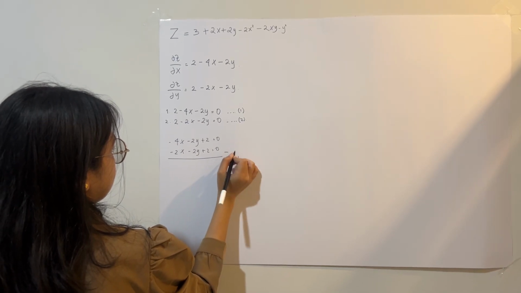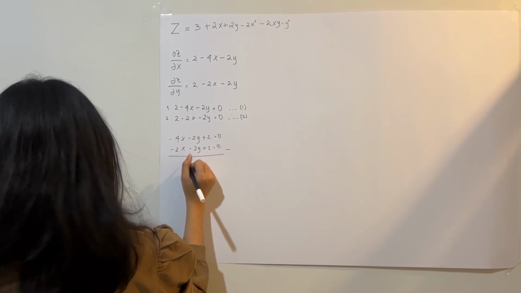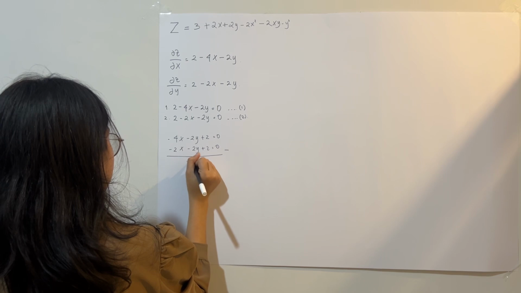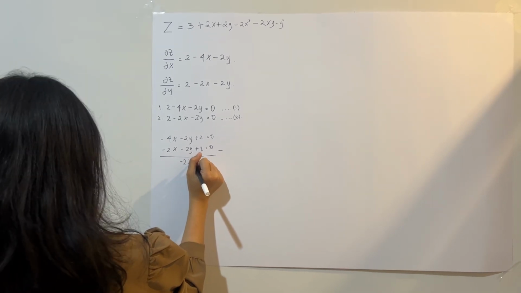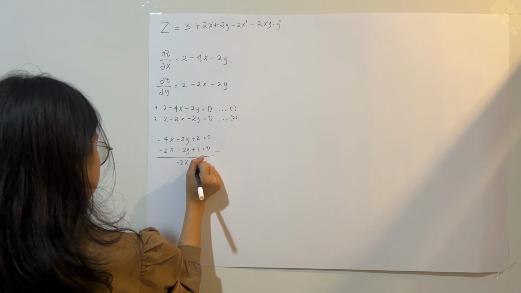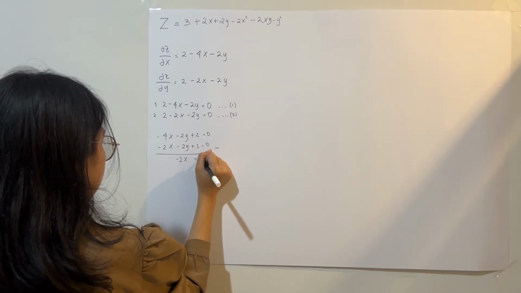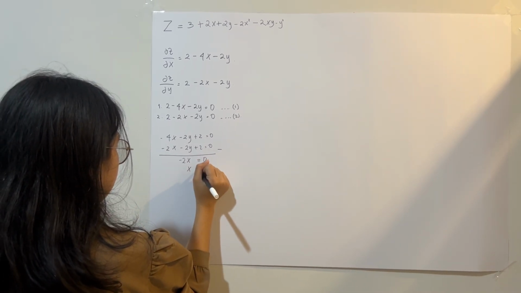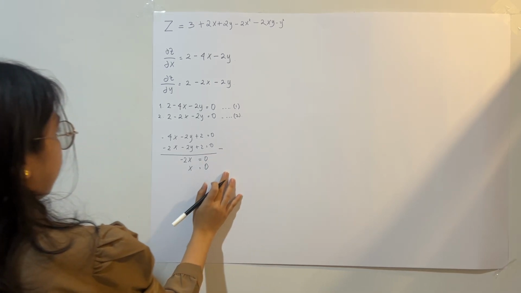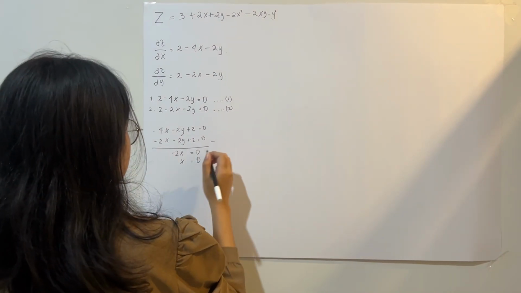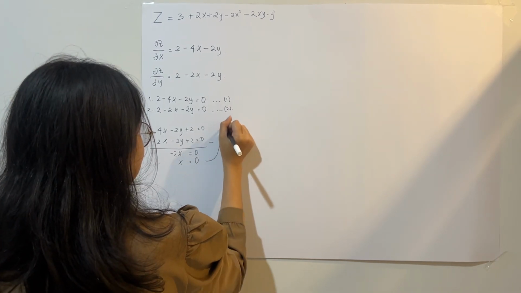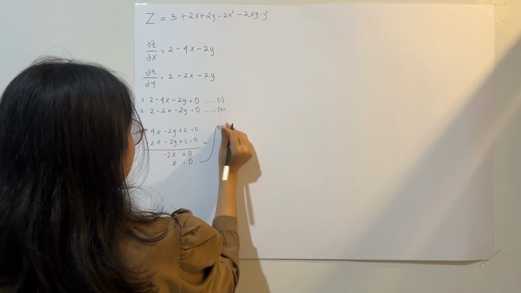So minus 2x equals 0, so x equals 0. Now we substitute the x.